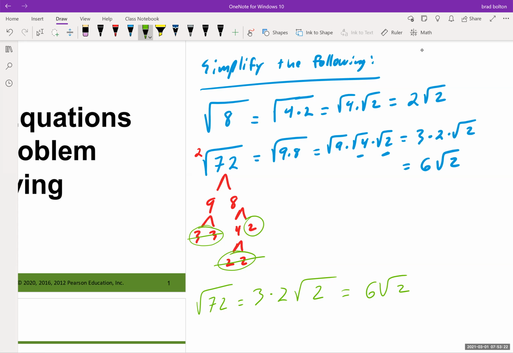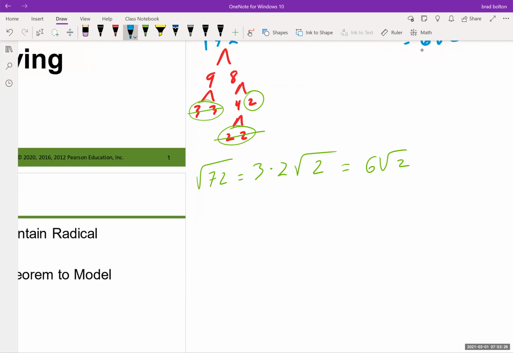If you need a little help with it, you can do the same thing for cube roots. If you're asked to find the cube root of, let's do the cube root of 72.